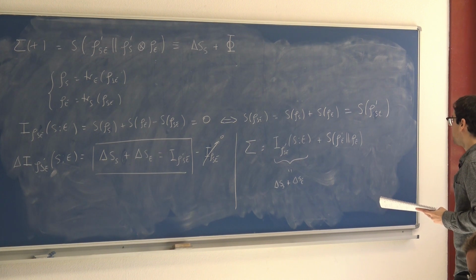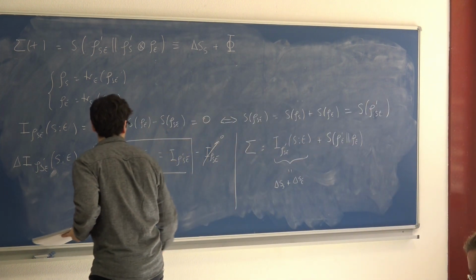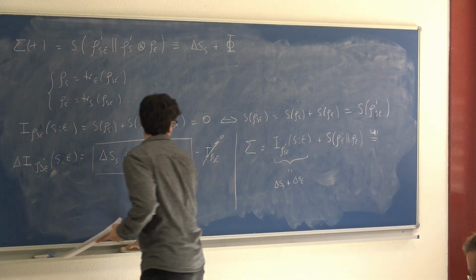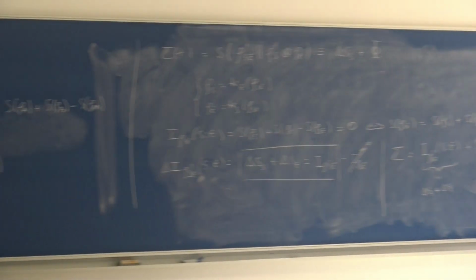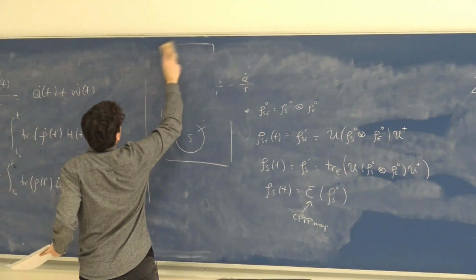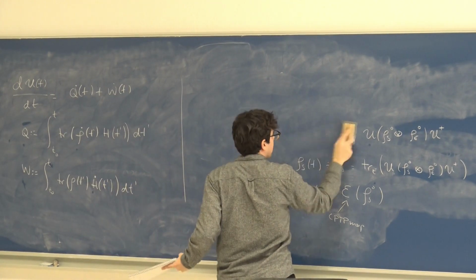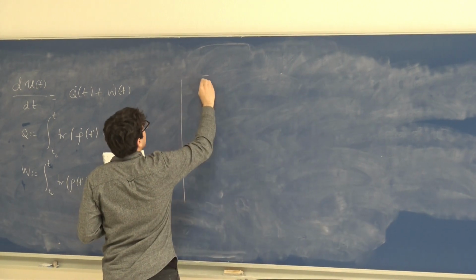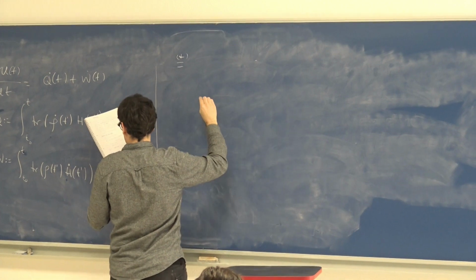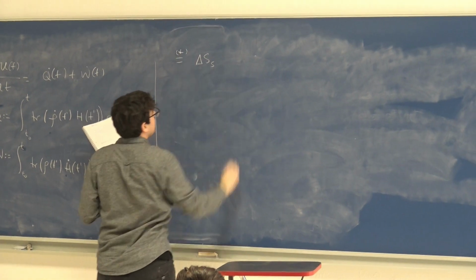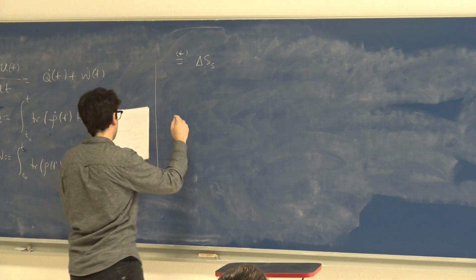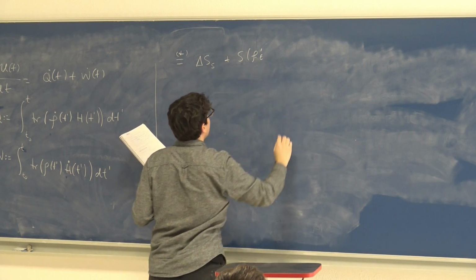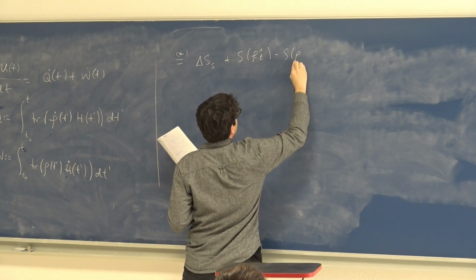You can extend the second sum and you will get the change of entropy in your system. I'm going to leave it the same way, plus the entropy of the final state of your environment minus the entropy of the initial state of your environment.